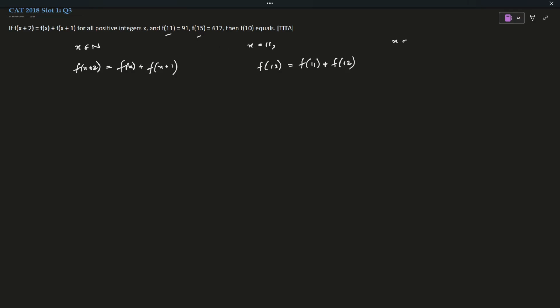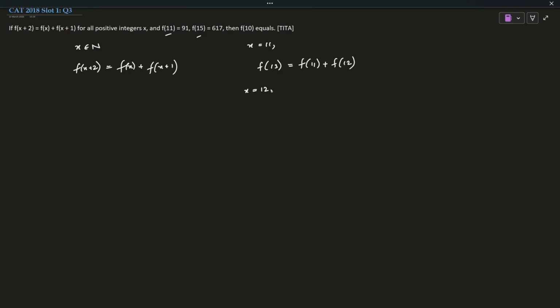If x equals 15, what will I get? f of 15 plus 2 is 17, I will get f of 17. We don't have f of 17, so let's try to find out f of 13 and f of 12.